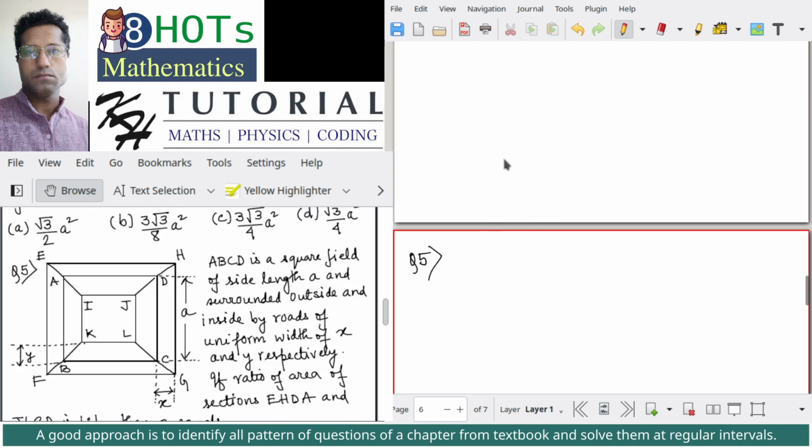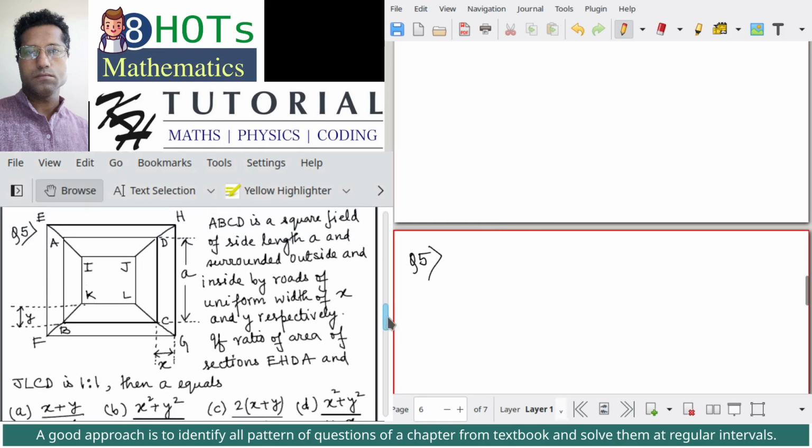ABCD is a square field of side length A and surrounded outside and inside by roads of uniform width of X and Y respectively.